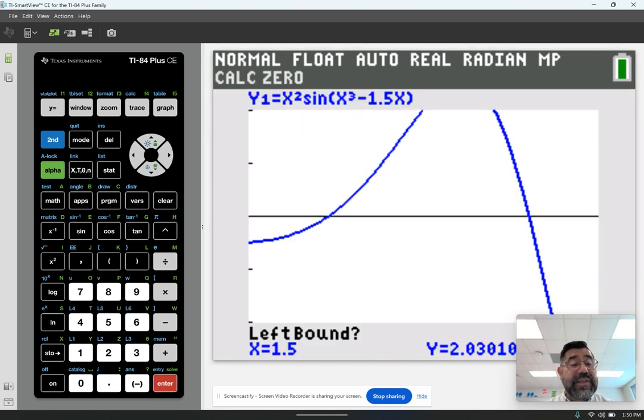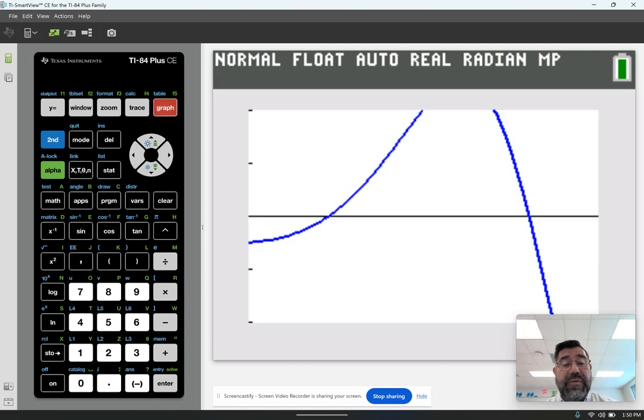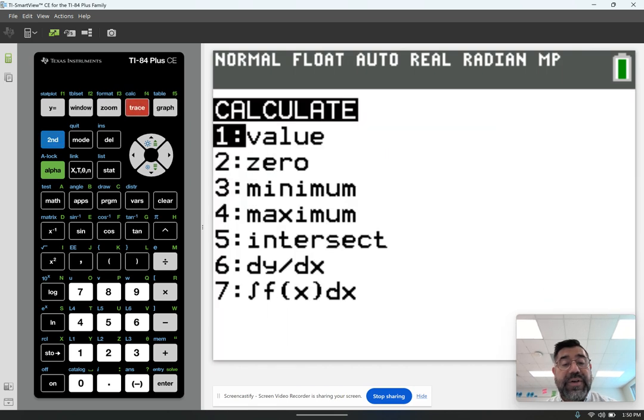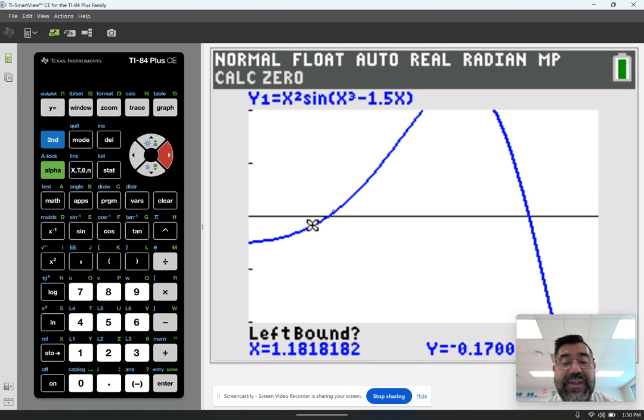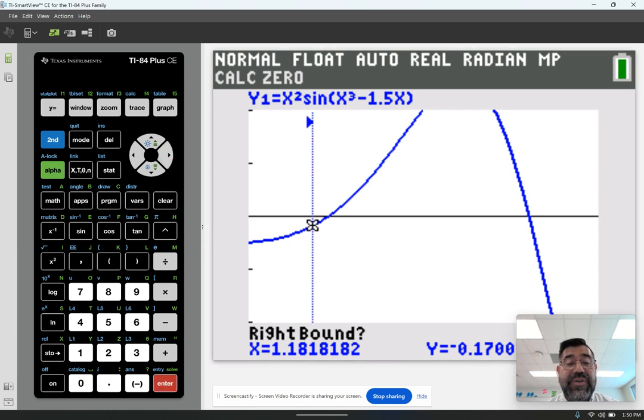The way this works is you're going to move your cursor until you're on the left side of the x-intercept of the 0. You basically want to trap where you think the x-intercept is, where the 0 is. You want to trap it between these 2 lines. Once you go to the left, press enter and see how it draws that line.